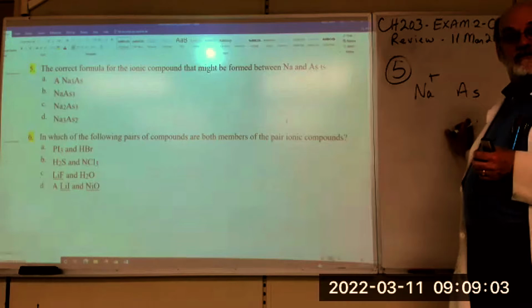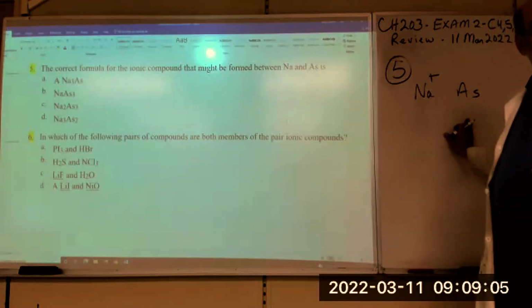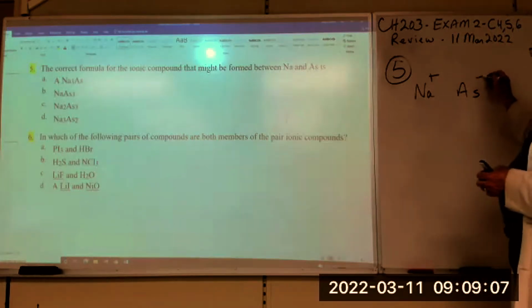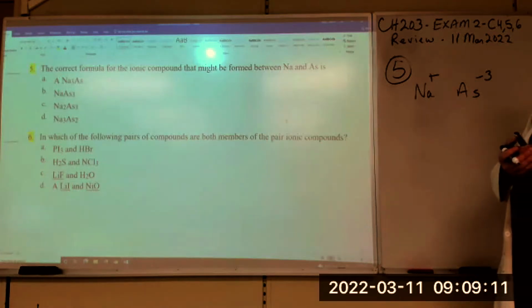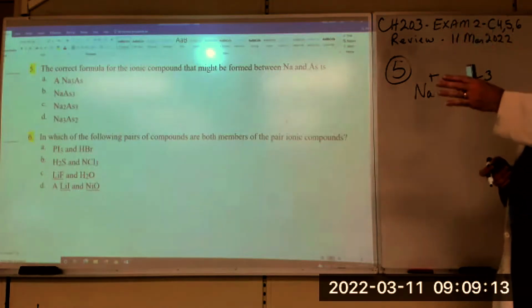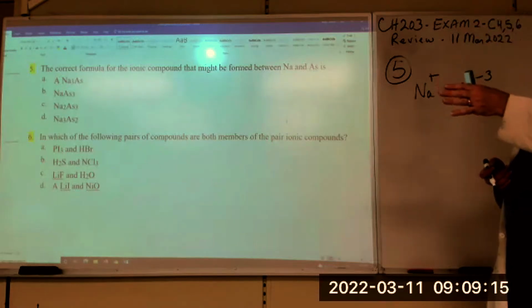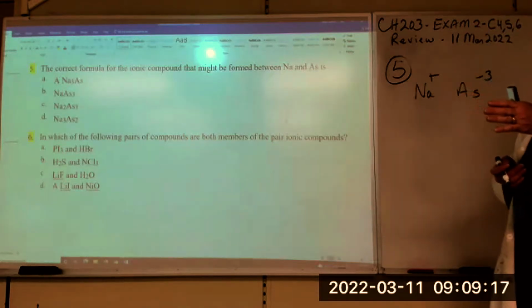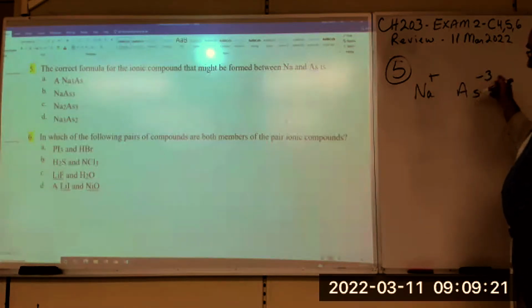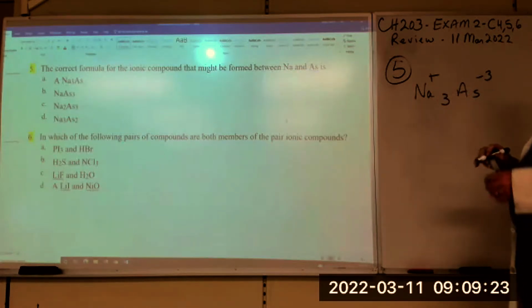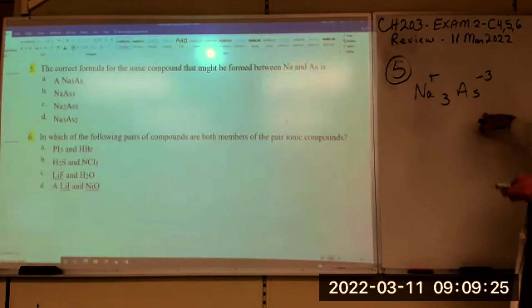It's in the nitrogens, below nitrogen. So that means it prefers -3. Halogens -1, chalcogens -2, nitrogens -3. So we just need 3 of these to balance that -3. So Na3As should be our answer.